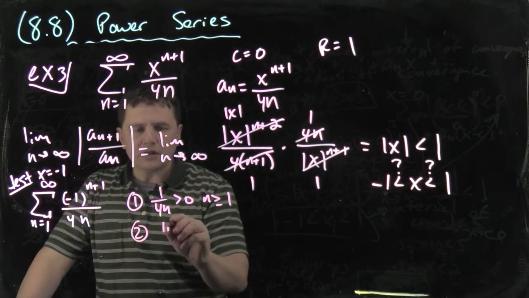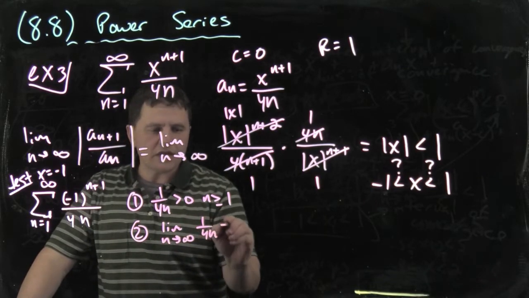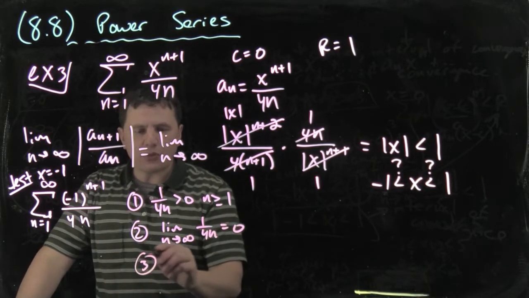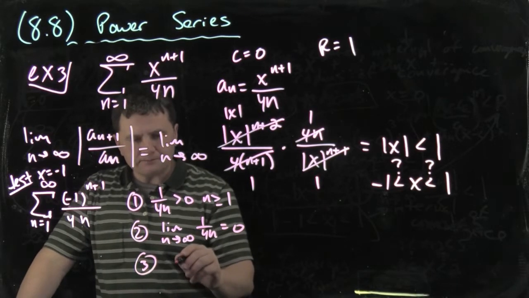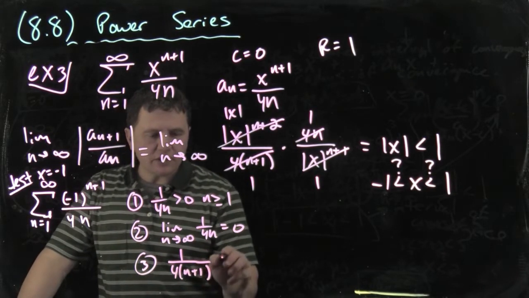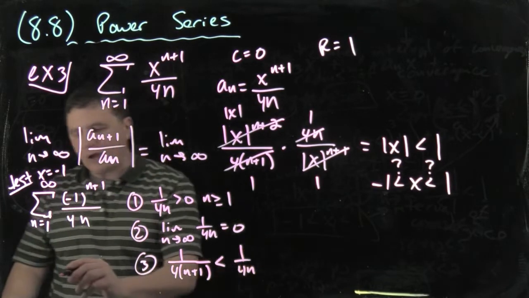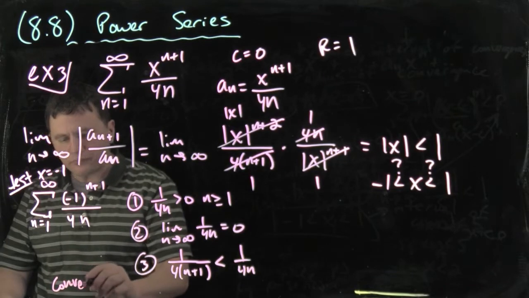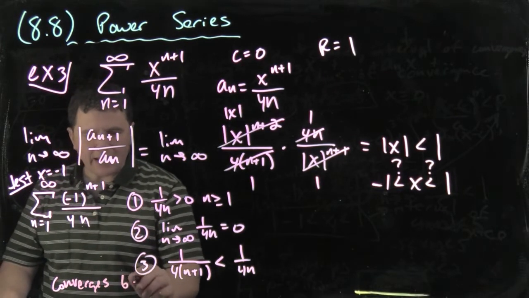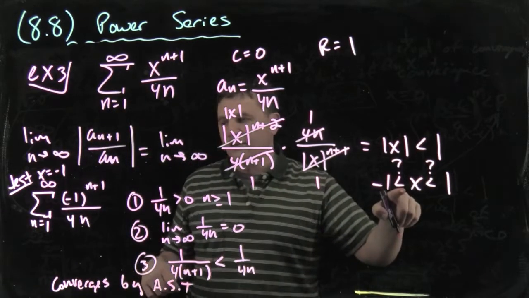Two, the limit as n goes to infinity of 1 over 4 to the n is equal to 0. And three, 1 over 4 to the n plus 1 is going to be less than 1 over 4 to the n. Okay, so we would say now that this thing converges by alternating series test. So we know this thing converges at x equals -1.